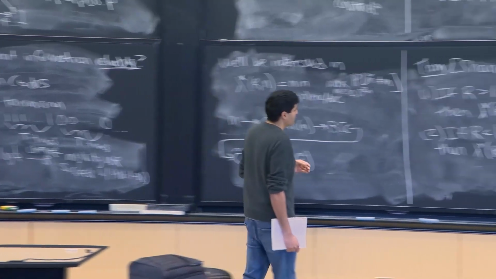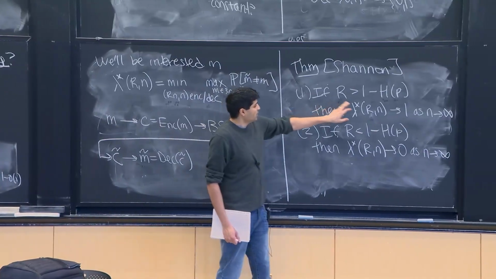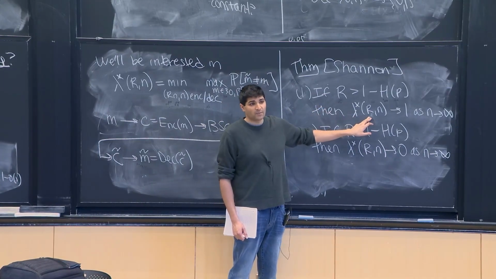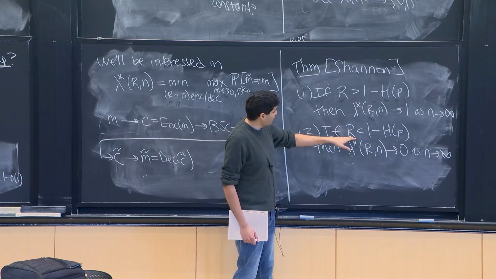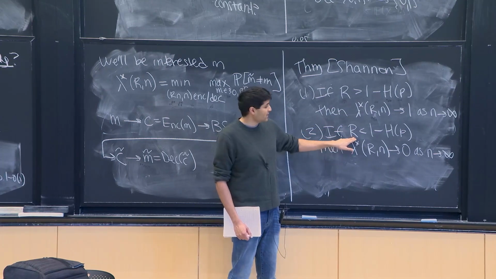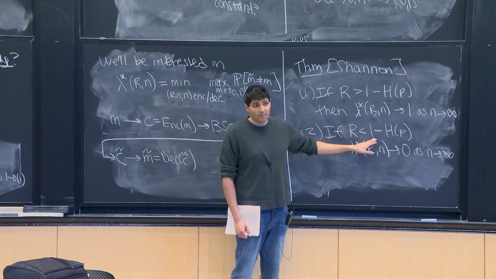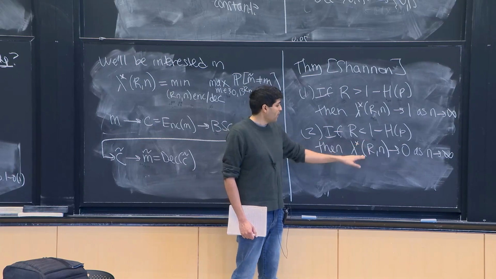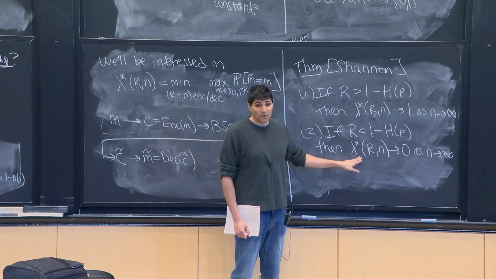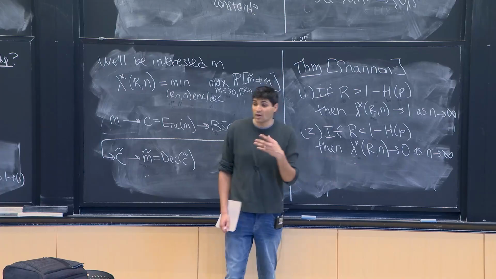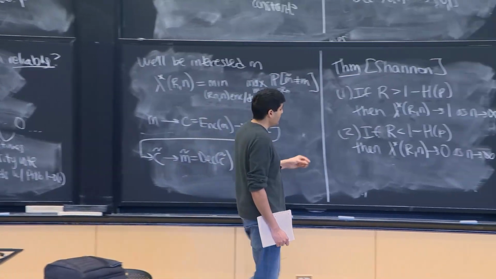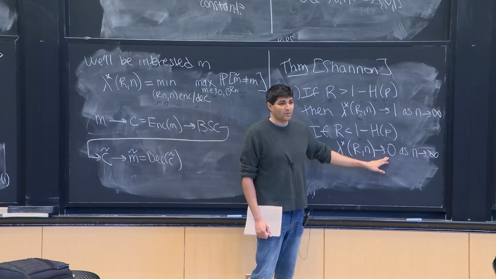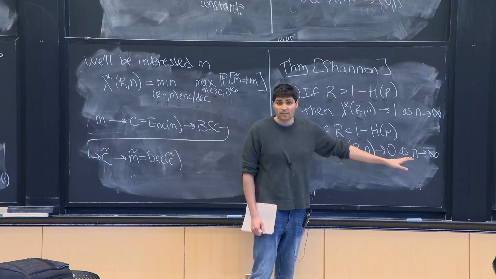So when you're trying to transmit at too high a rate, you never decode the correct message. And on the other side, if the rate at which you're trying to transmit is less than the same quantity, 1 minus entropy of p, then there is a good encoding decoding pair. We'll have to talk about what this pair is and how it works. The error probability goes to 0 as n goes to infinity.